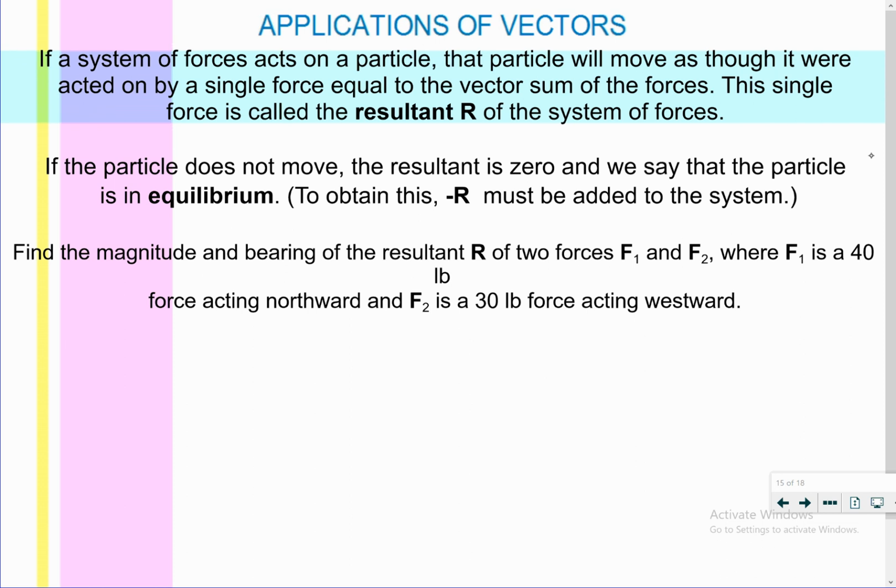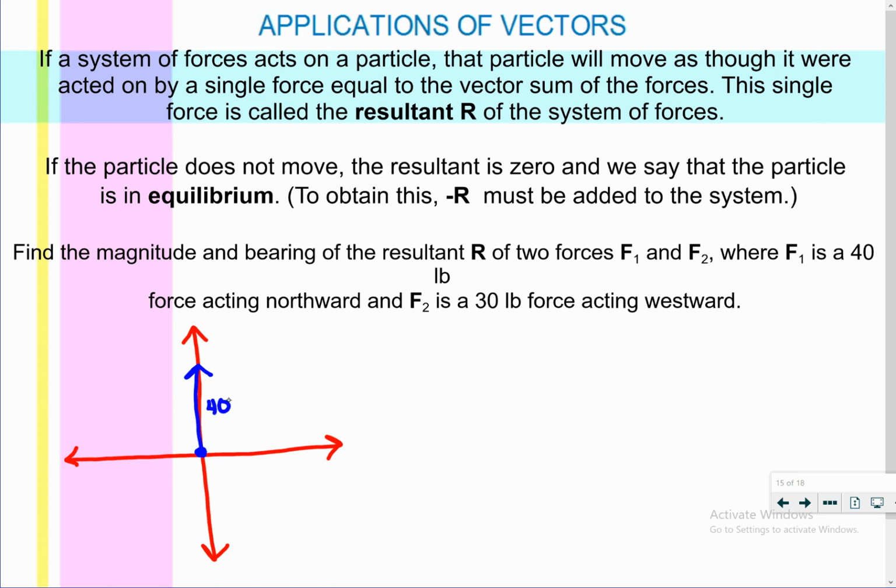All right, so a nice pretty picture here. Just going to draw my axis. Both vectors are going to start at the origin when I draw them. Force 1 starts at the origin, and it's going north. There we go. And its force was 40 pounds.